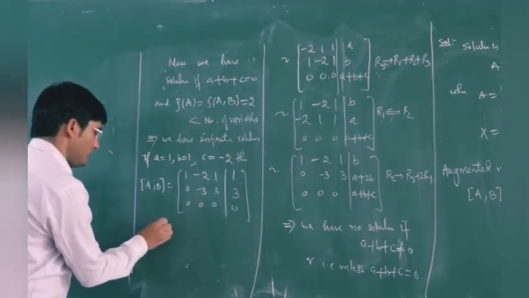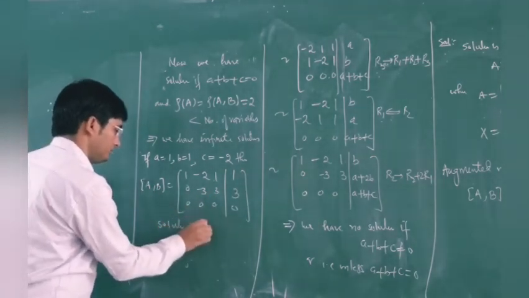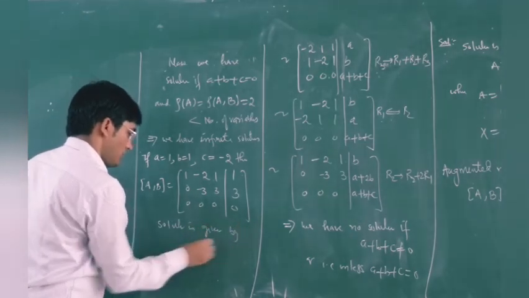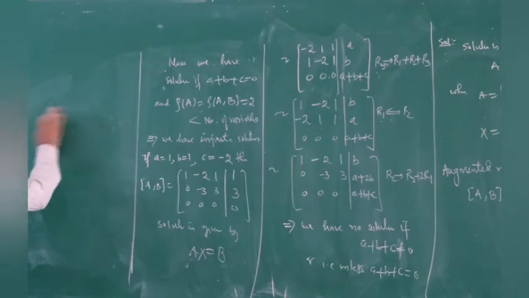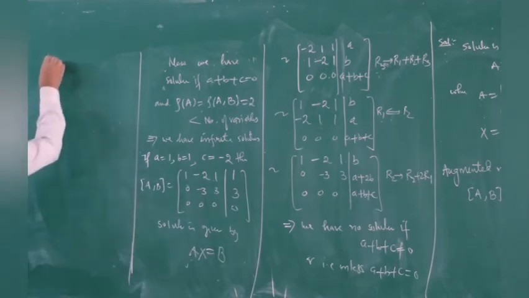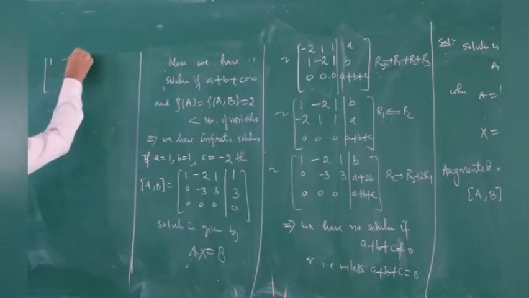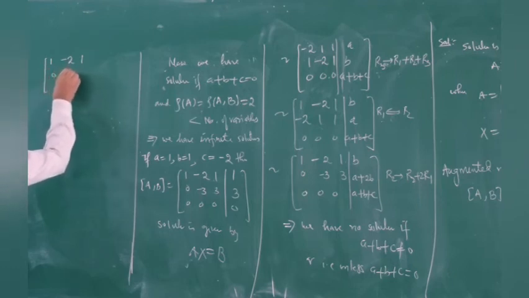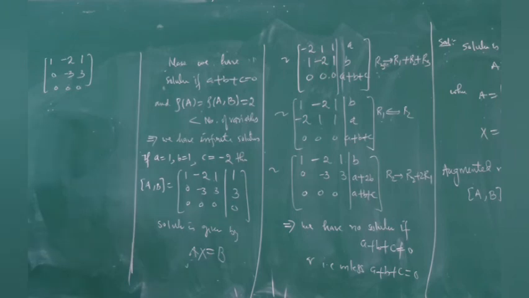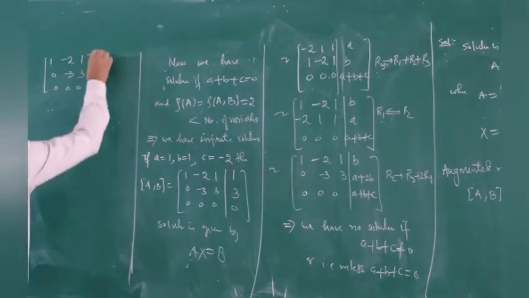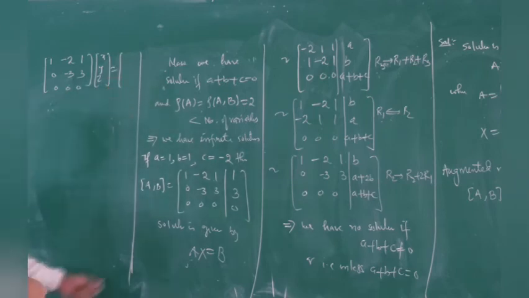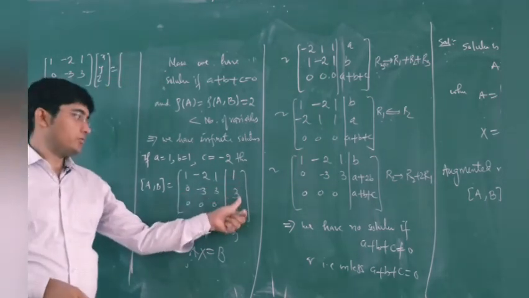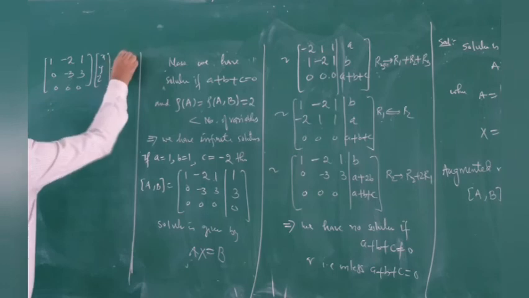So the solution is given by AX equal to B. So your A is 1 minus 2 1, 0 minus 3 3. This is your A, your X is X, Y, Z, and your B is this part, which is 1 3 0.